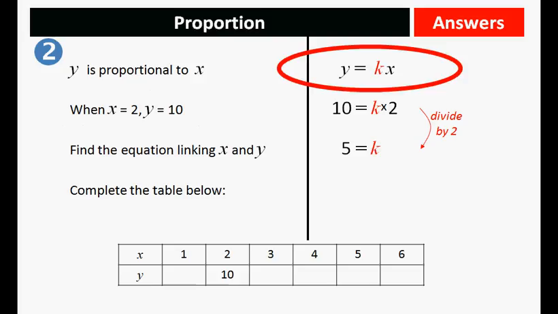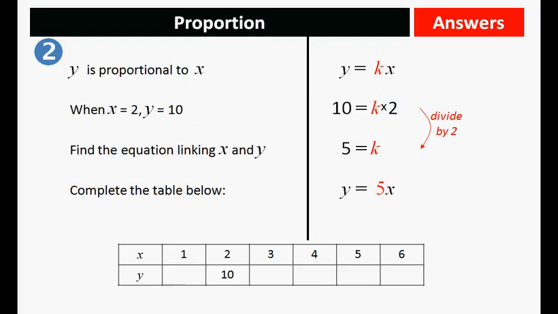So the general relationship y equals k times x becomes y equals 5 times x now that we've worked out what k is. So the relationship between x and y is that y equals 5 times x, and now that we know that, we can complete the table. And there it is once again.